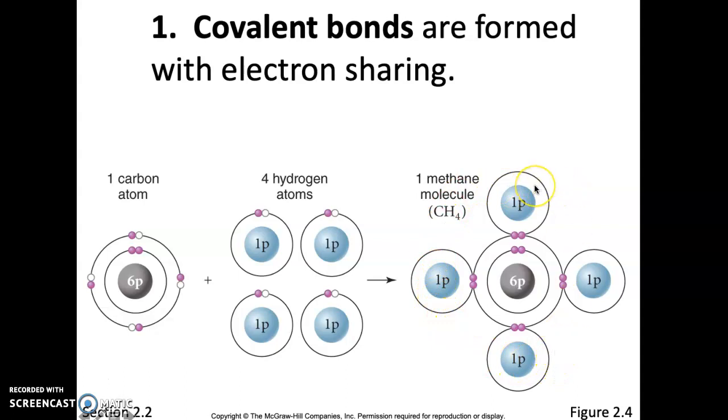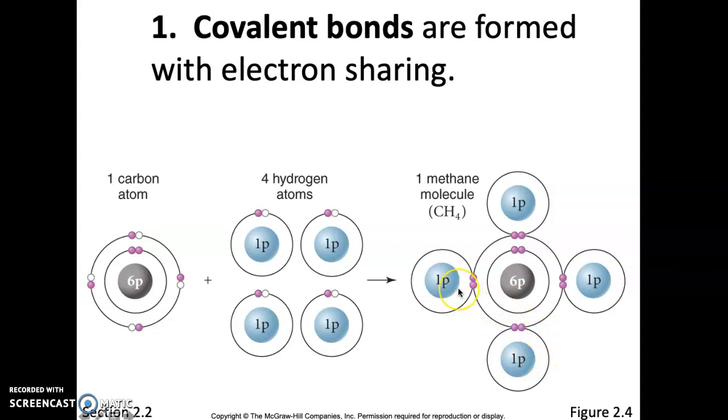So this makes everybody happy, if we can speak that way, where the hydrogen here now has 2 in its shell, so it is now stable. This hydrogen also, because it's sharing one of the carbon electrons.